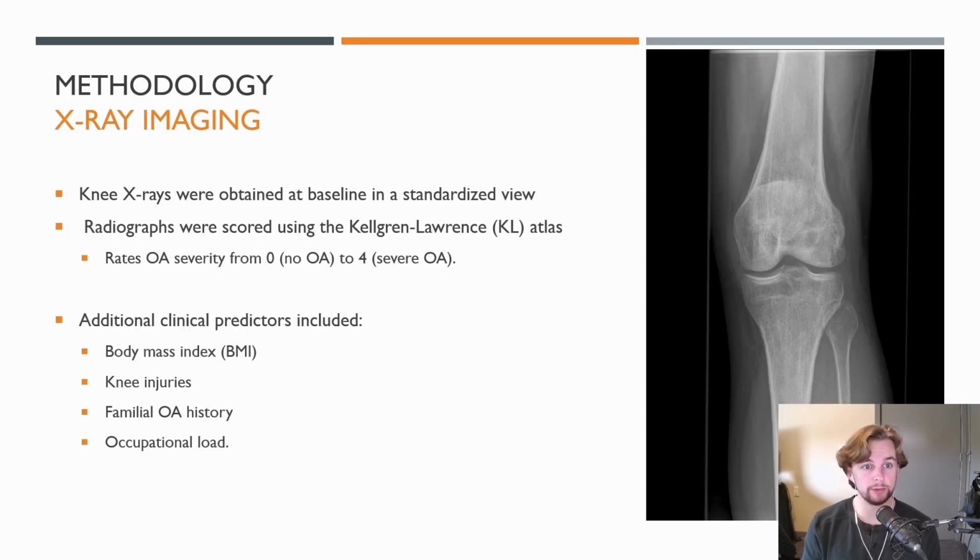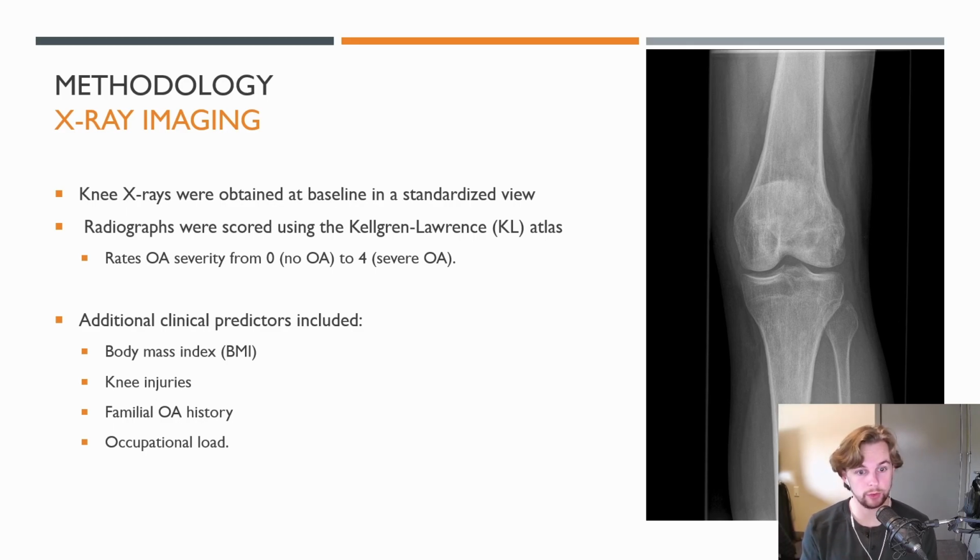For the X-ray imaging, knee X-rays were obtained at baseline in a standardized view, and the imaging was scored using the Kellgren-Lawrence or the KL atlas. This rates osteoarthritis severity from 0, which is no osteoarthritis, to very severe osteoarthritis.